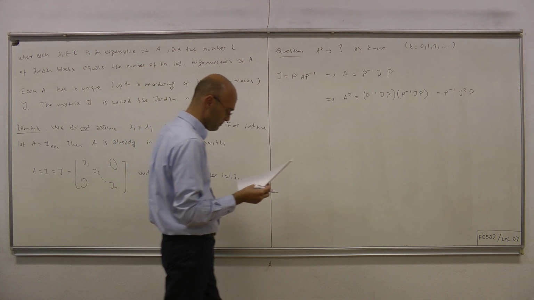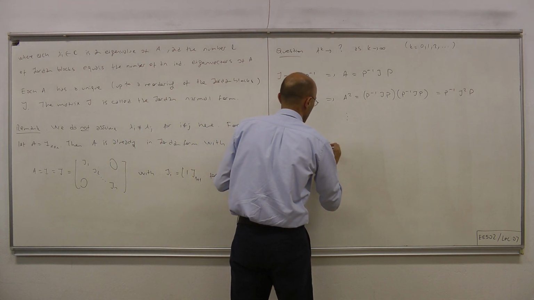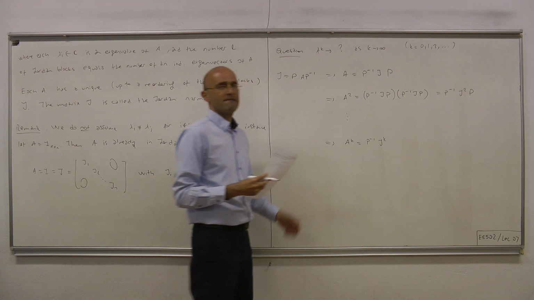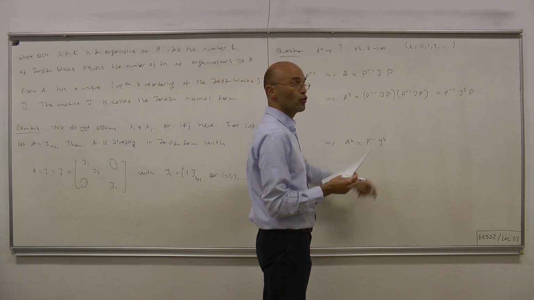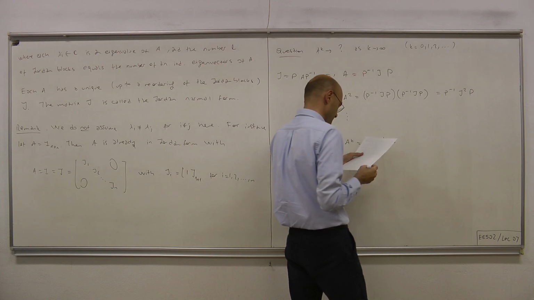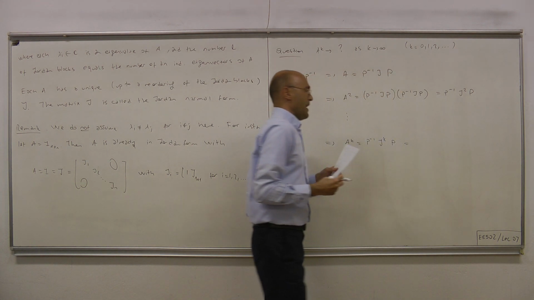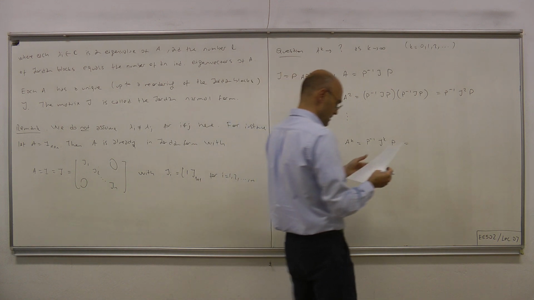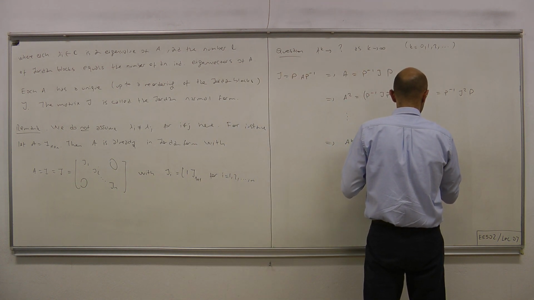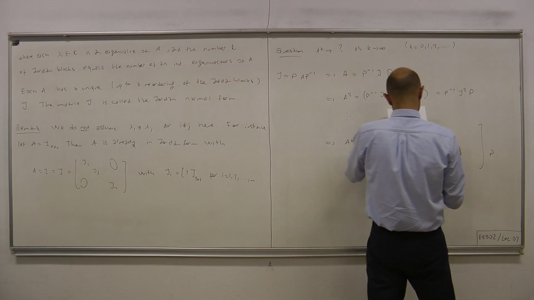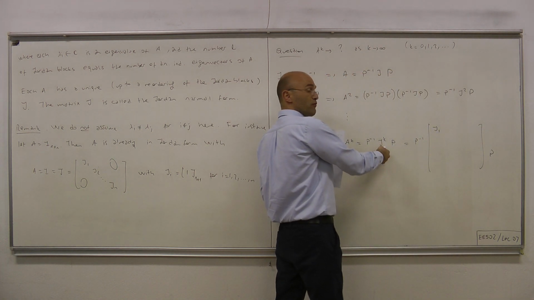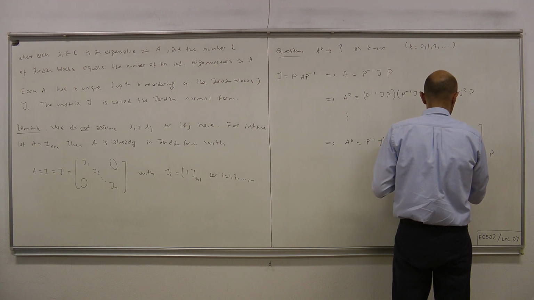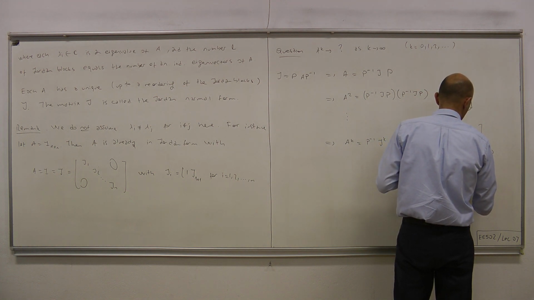So for any power, A to the k can be written as P inverse J raised to the power of k, J being the Jordan form of A, times P. And since the Jordan form is block diagonal, it can be written as P inverse times J1 to the k, J2 to the k, up to JL to the k, times P, because the first block of J to the k is J1 to the k.